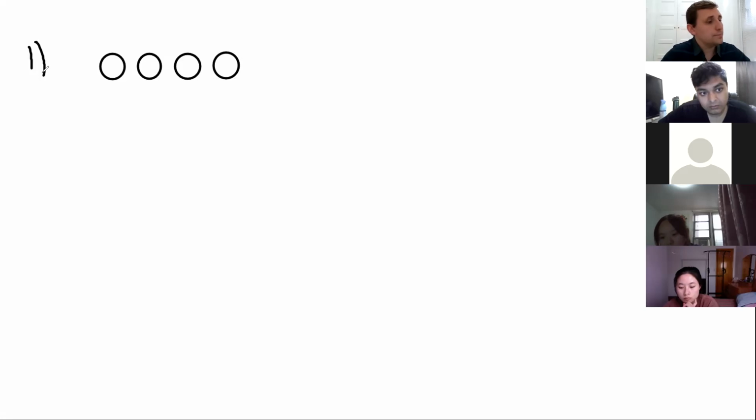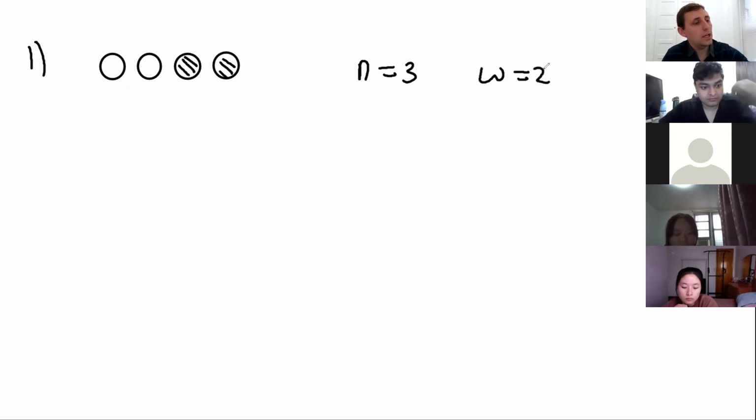One way I can imagine is I non-randomly decided that this is white and this is white, and the others are shaded, so they're black. So here I stamped this as white and this is white. And then I need to choose, let's say, 3 of them. So that means n, my sample size, is going to be 3. So white, I'm going to have 2, and 3, and black 2 as well.